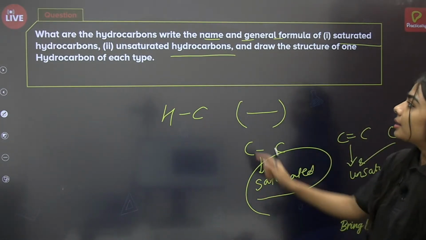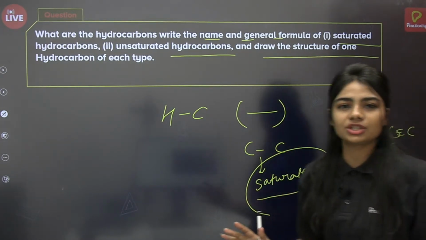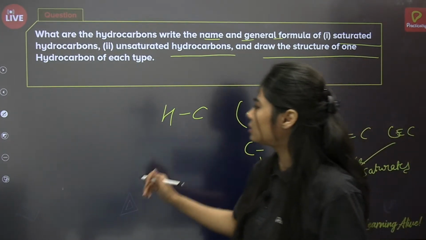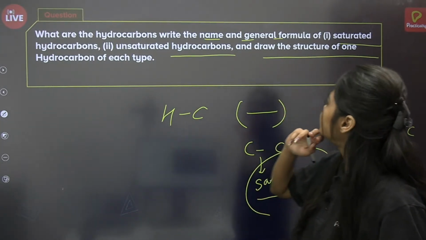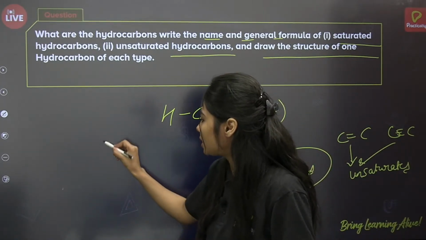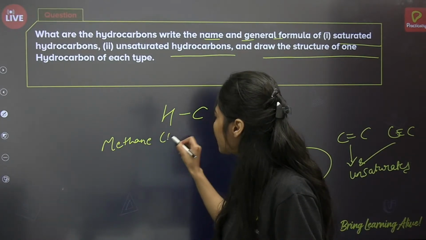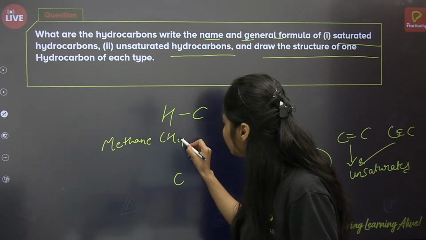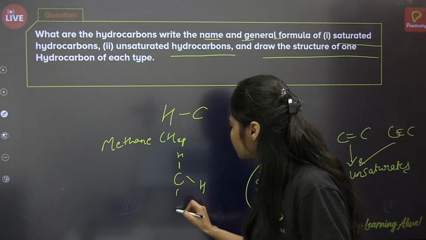Now, draw the structure of one hydrocarbon of each type. Let's see the structures, first of all the alkane. Which alkane? Methane we can take. For methane, that is CH4, one carbon and four hydrogens.